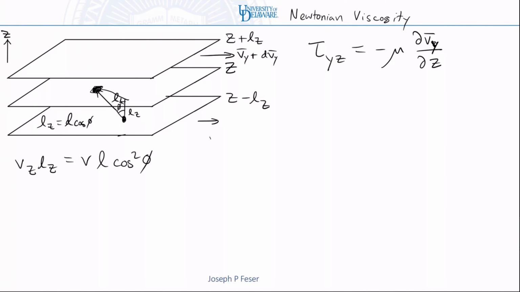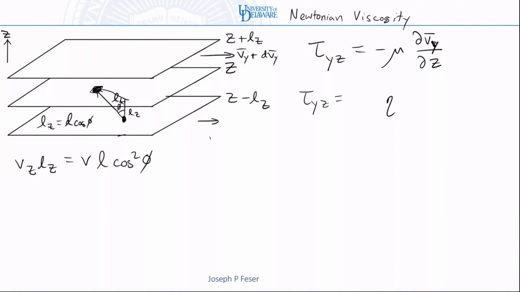So what is the rate of change of momentum across that interface? The rate of change of momentum per unit area, or the force, would have to be in response to the exchange of momentum. So what is the momentum density of the top or bottom layer?